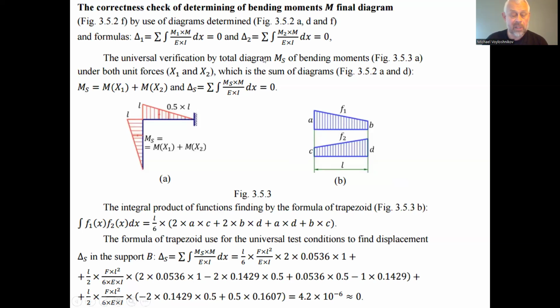What is the displacement? We speak about the generalized displacement, which we indicate as S: displacement in two directions, but just the algebraic total of displacement. So we have got in the previous article 3.4 the diagram of bending moment of unit forces.